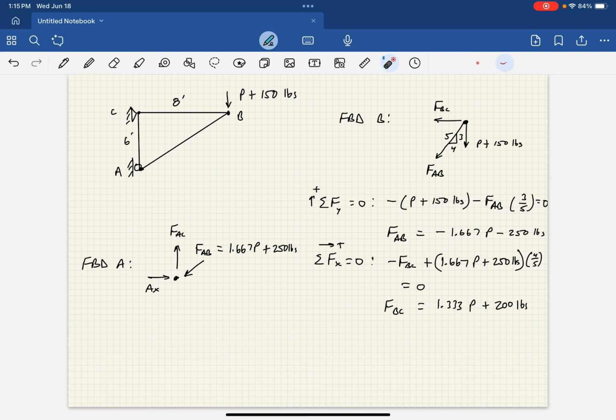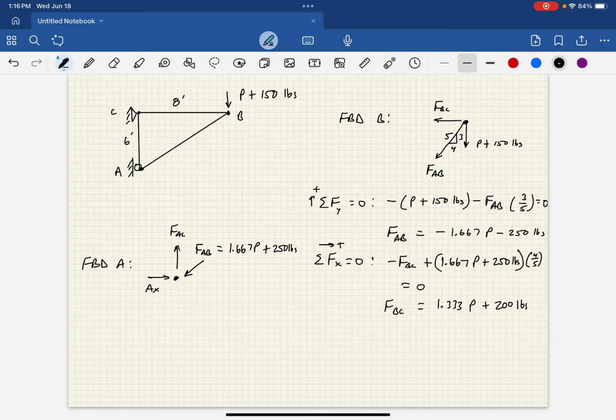And again, I'm writing it as positive here because I'm showing the fact that it's in compression pointing at joint A. If I show that this vector is in compression pointing at A, then I should not be writing the negatives there, because the fact that it is pointing at A accounts for the fact that it's in compression, okay?